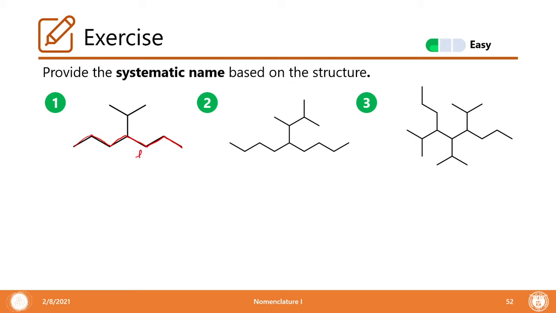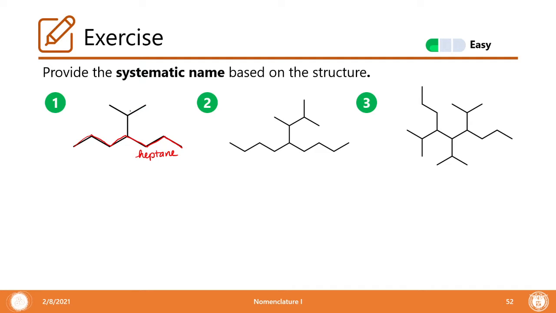So we have heptane. And then we have our complex substituent. You may be able to recognize that this is isopropyl, but let's try doing the proper systematic naming first.